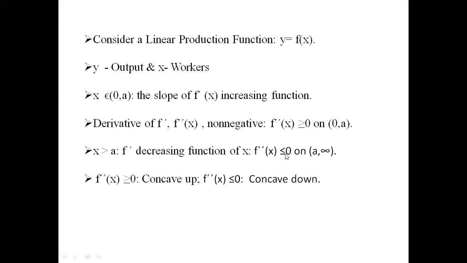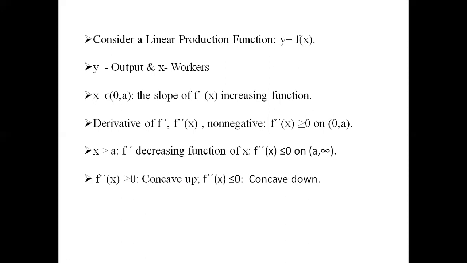So f double prime is negative or equal to 0 for labor from a to infinity. That means if labor employment is increasing beyond a, then the second order derivative of the production function, that is f double prime x, will be negative or equal to 0.